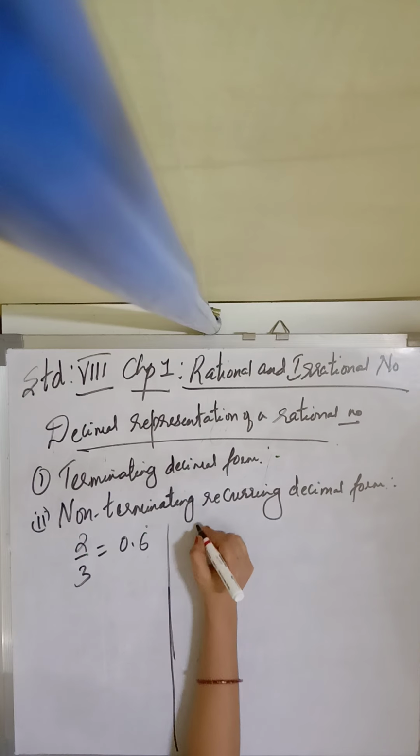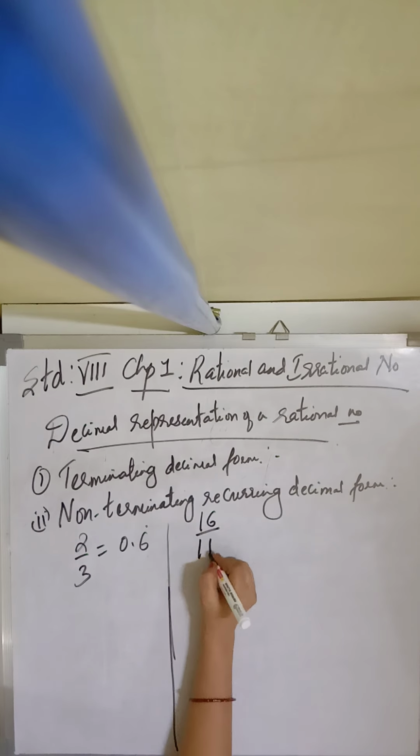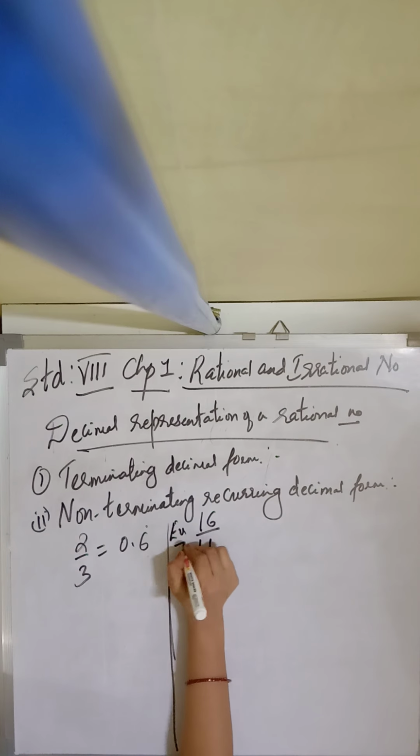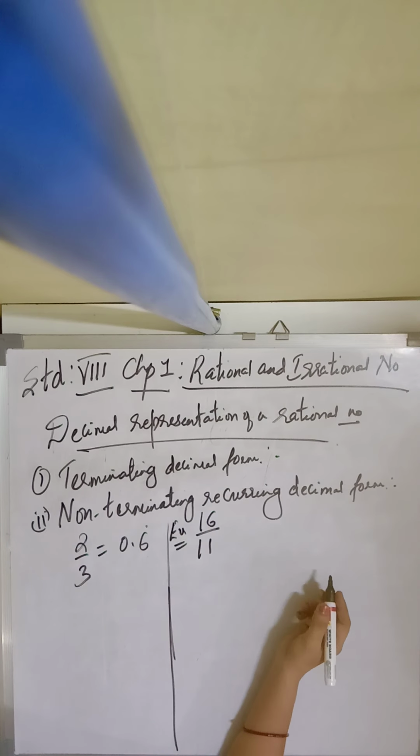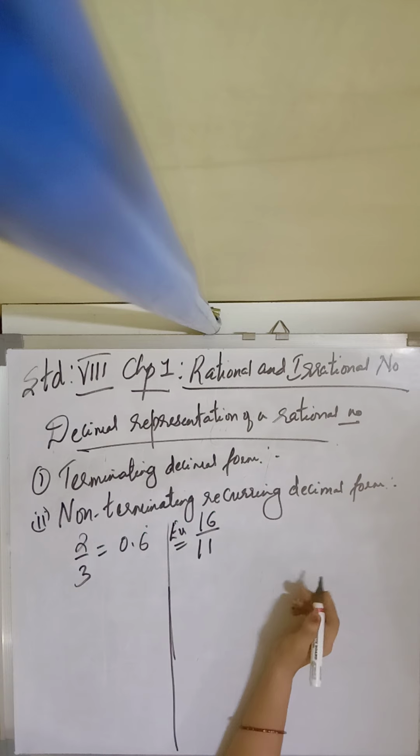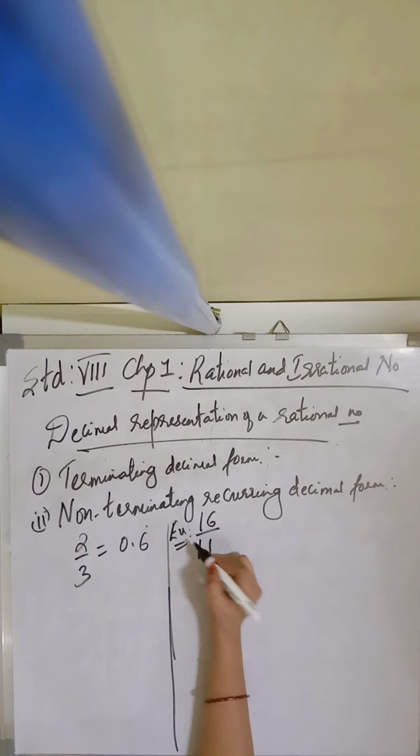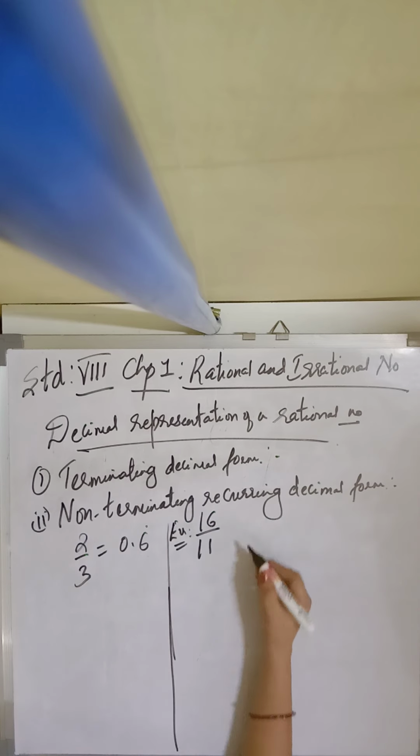Now suppose, for example, let us take this fraction, the second example of non-terminating: 16 by 11. We are taking the rational number 16 by 11 and converting it into decimal.